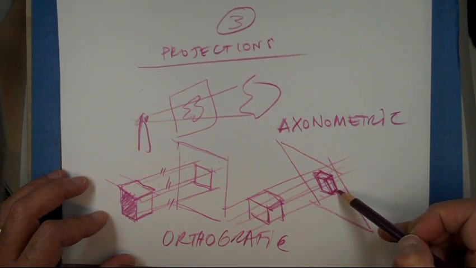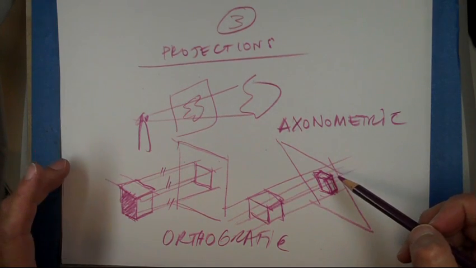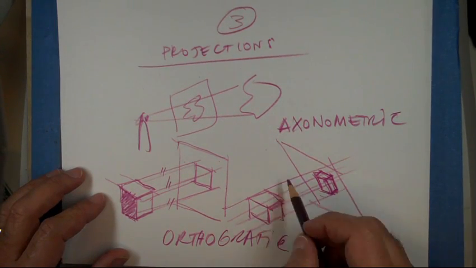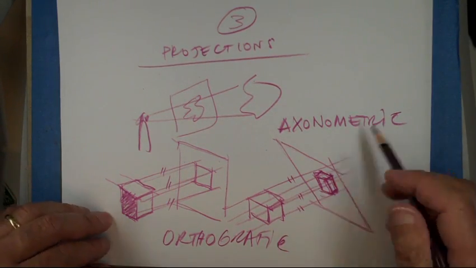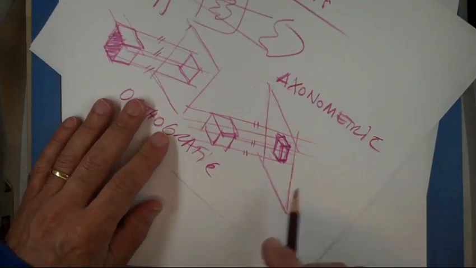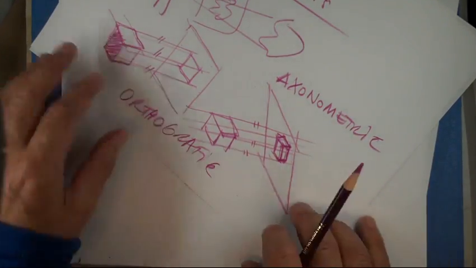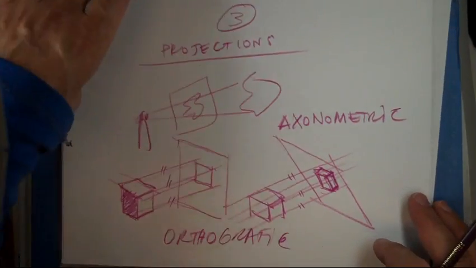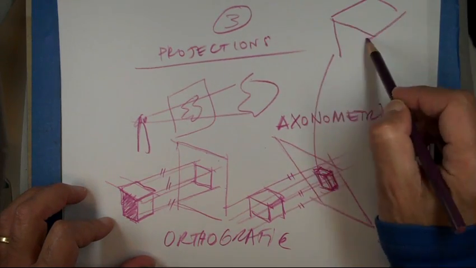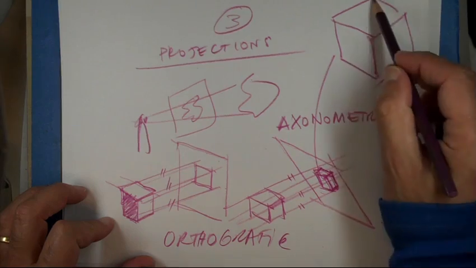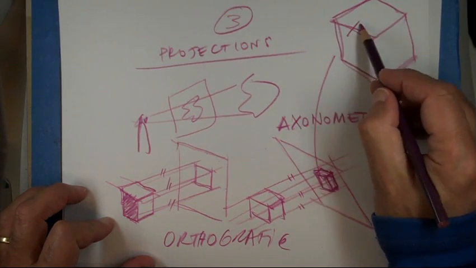So all of a sudden I have a picture that looks more like a 3D picture. What's happening is that these are still all parallel. Now the plane is at an angle. If I turn this, you could say that the object is at an angle. It's the same thing. In this drawing all your lines stay parallel.